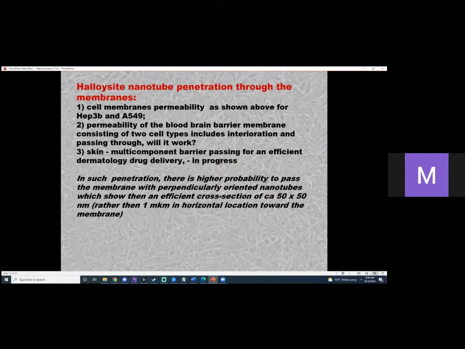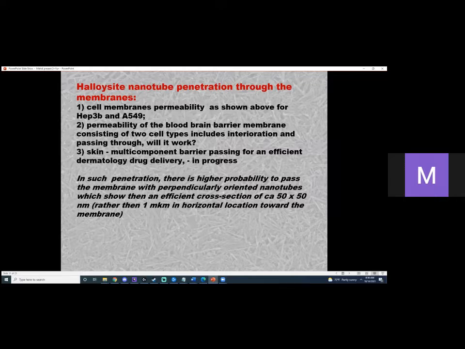Okay, so halloysite nanotube penetration through the membranes. Cell membrane permeability. Our goal is to show the permeability of halloysite through the blood-brain barrier membrane consisting of two cell types, including internalization, and passing through the skin. We will see if it works or not.